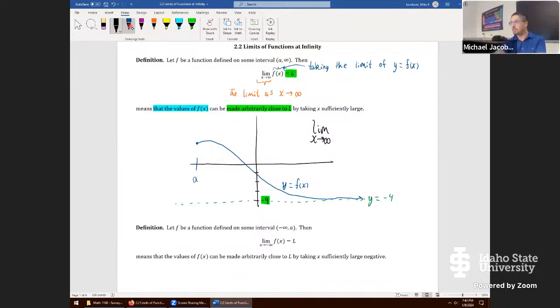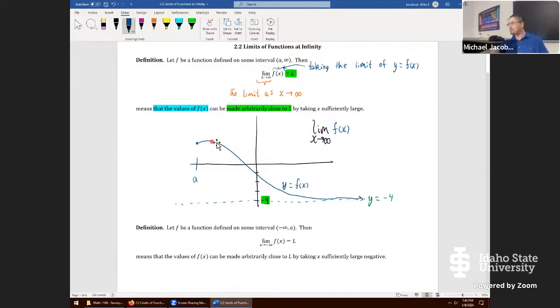It's the limit of a function, so we throw the function inside. The limit of f of x. So this is an operator, and the input to that operator is an entire function. And then this segment right here says what you're doing to the function. You're sending x off to infinity.